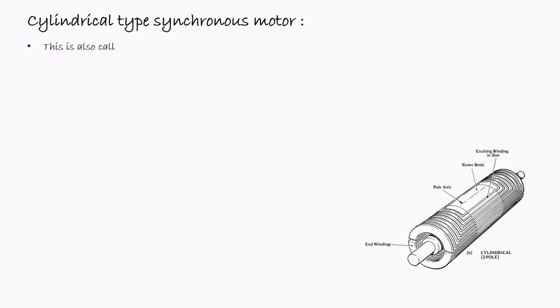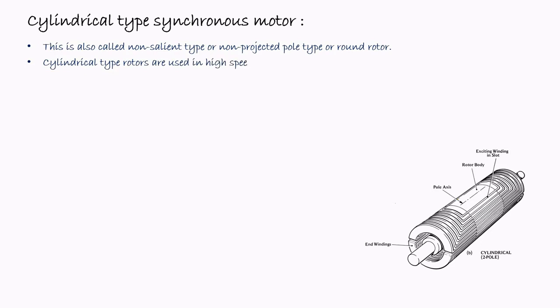Next is the cylindrical type synchronous motor. This is also called the non-salient type, non-projected pole type, or round rotor. So here is the structure of the cylindrical type rotor of a synchronous motor. This type of rotor is used for high-speed applications, especially in the case of turbo machines.